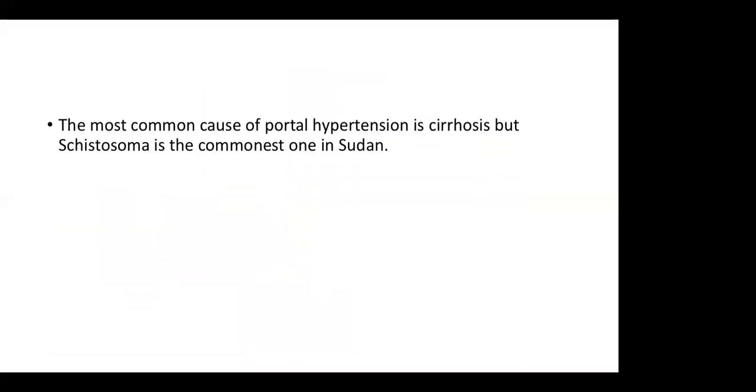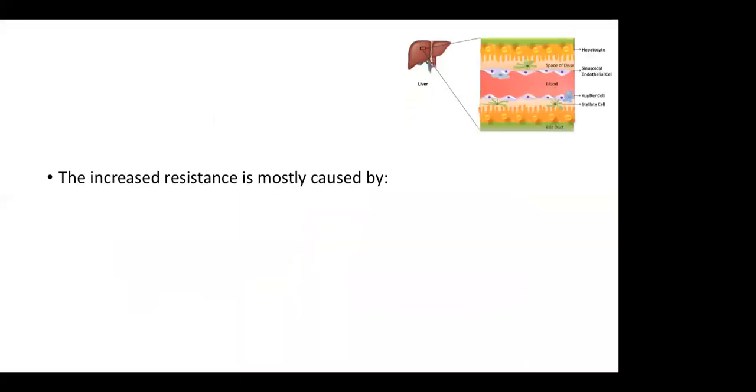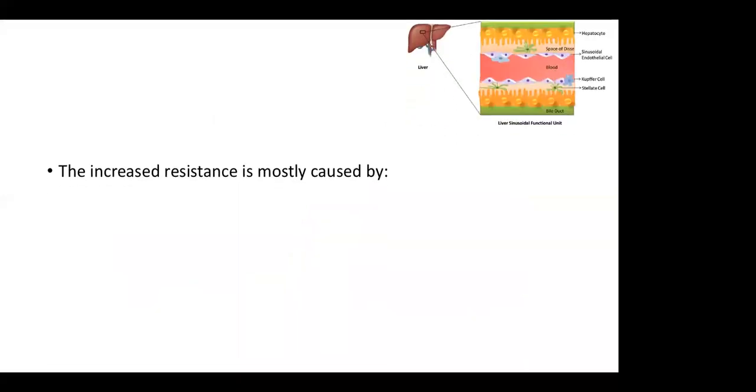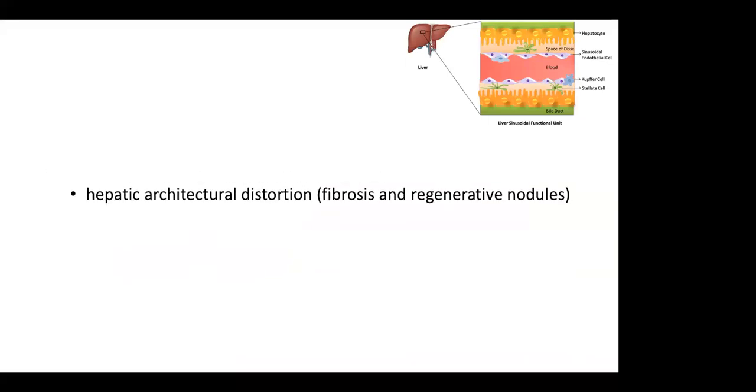The most common cause of portal hypertension worldwide is cirrhosis, but among Sudanese patients, schistosomiasis is the commonest cause. The increased resistance is mostly caused by hepatic architecture distortion as a result of fibrosis and regenerative nodules, especially in cirrhosis.